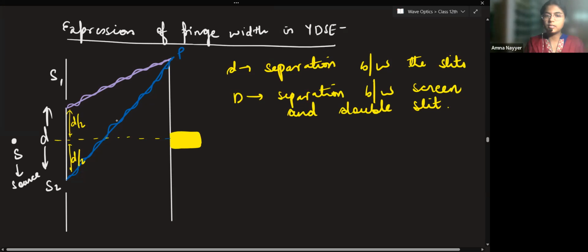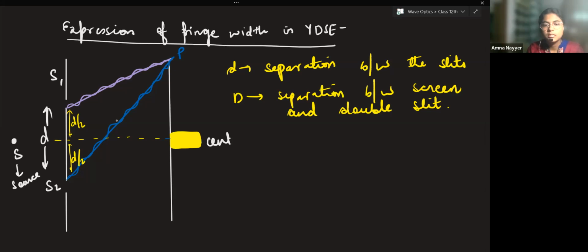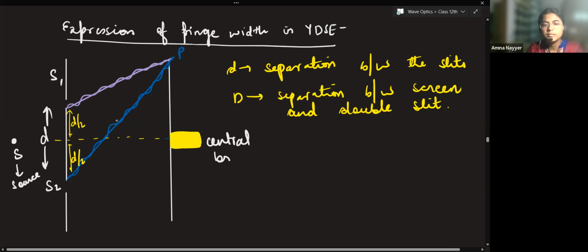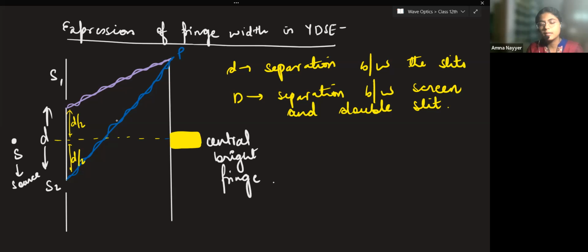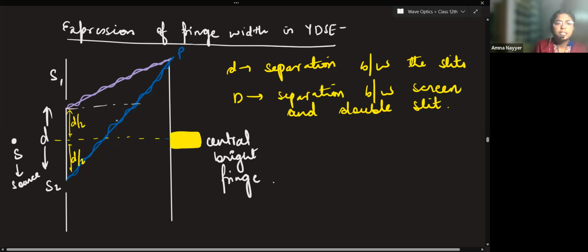The center one is the central bright fringe.